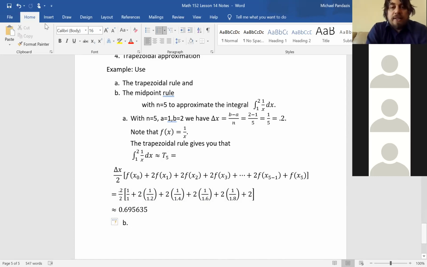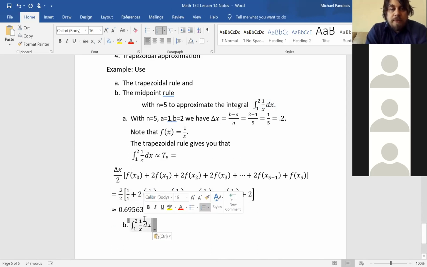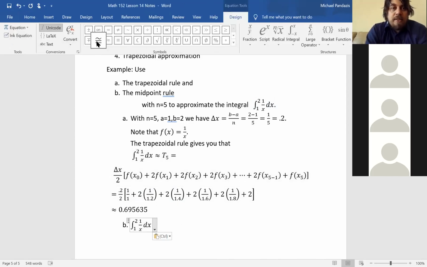Okay, so next, if you have the depth integral here again, now we want to approximate it using the midpoint rule. So the midpoint rule says that this is approximately m sub 5, m for midpoint rule, and then sub 5 for using 5 rectangles.